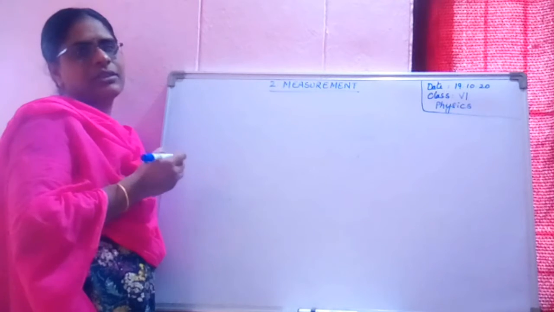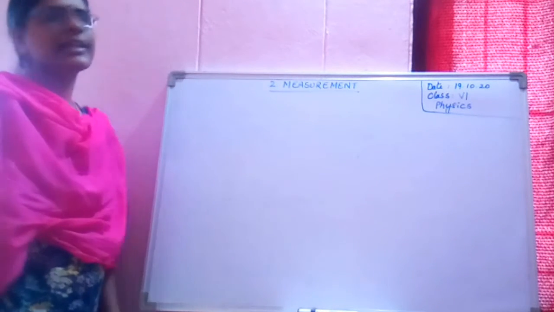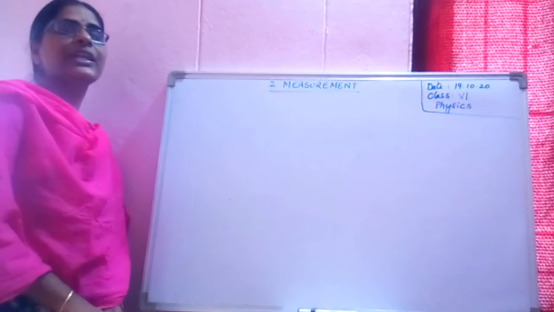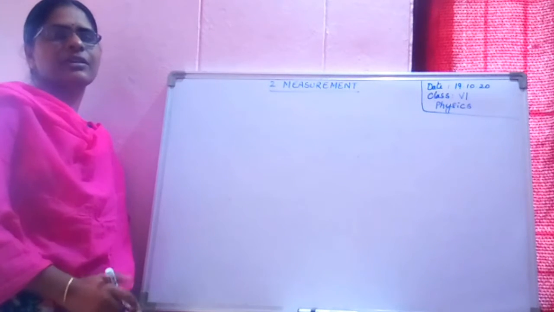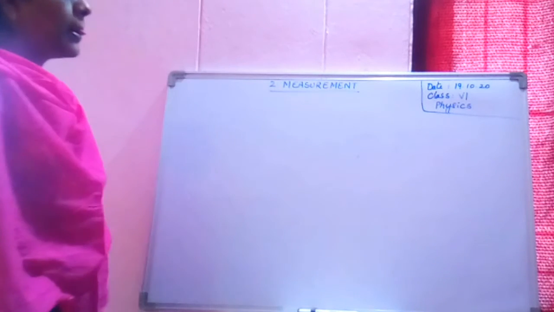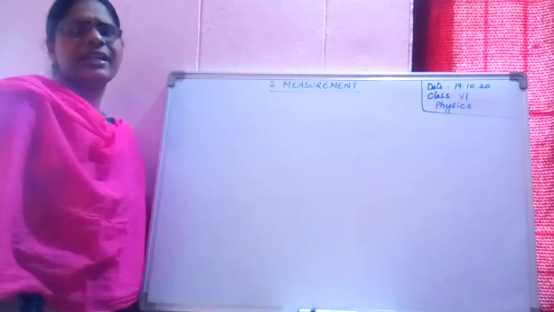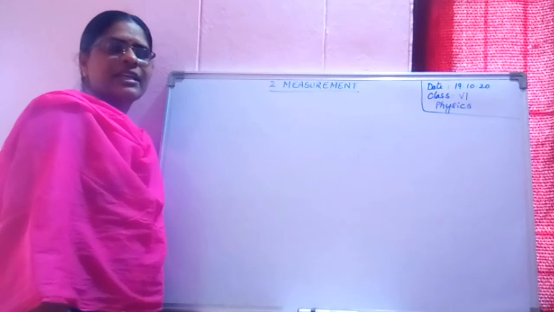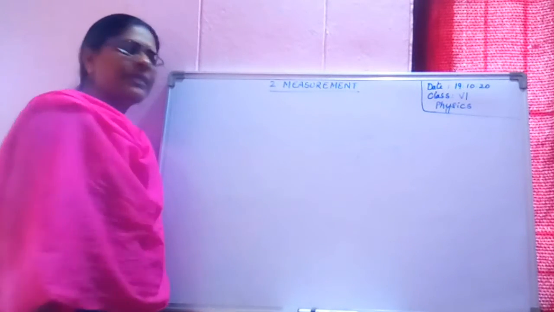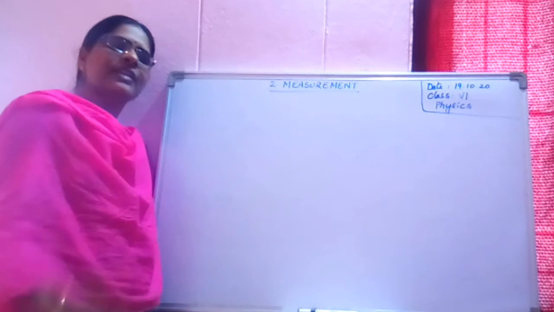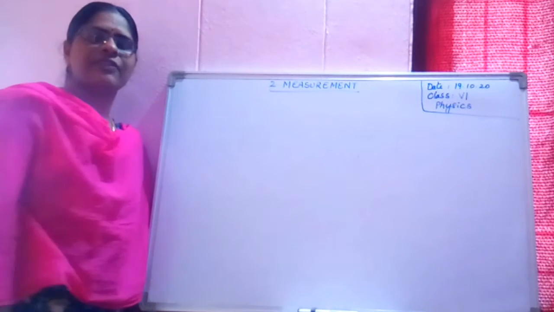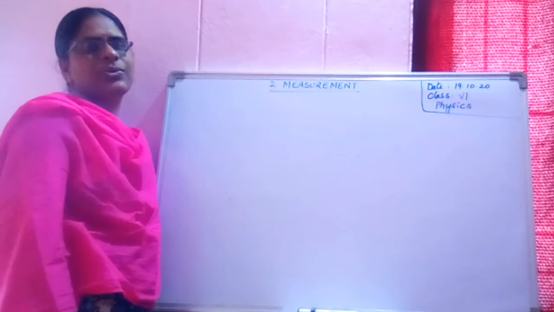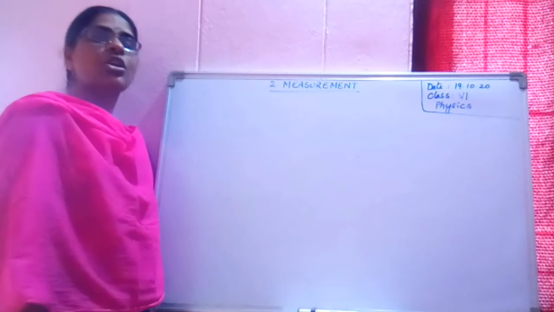Measurement. See, why are we learning about this measurement? Why do we need measurement? In our day-to-day life, let us take our class itself. Suppose I ask you in your class, who is the taller person?